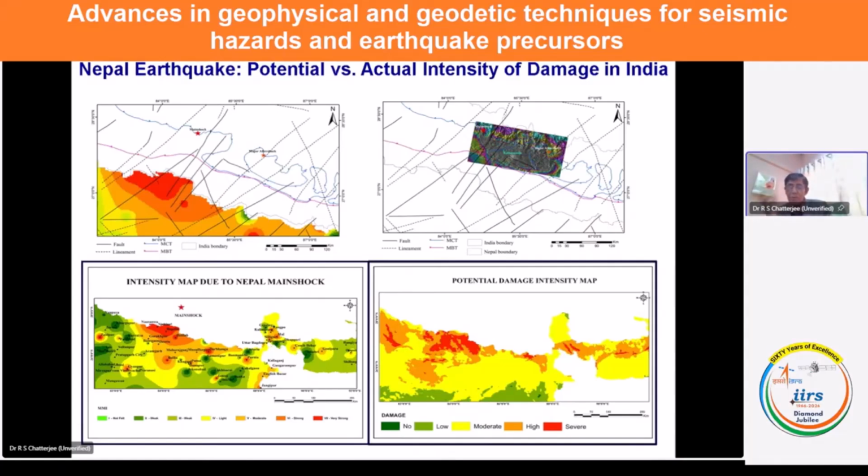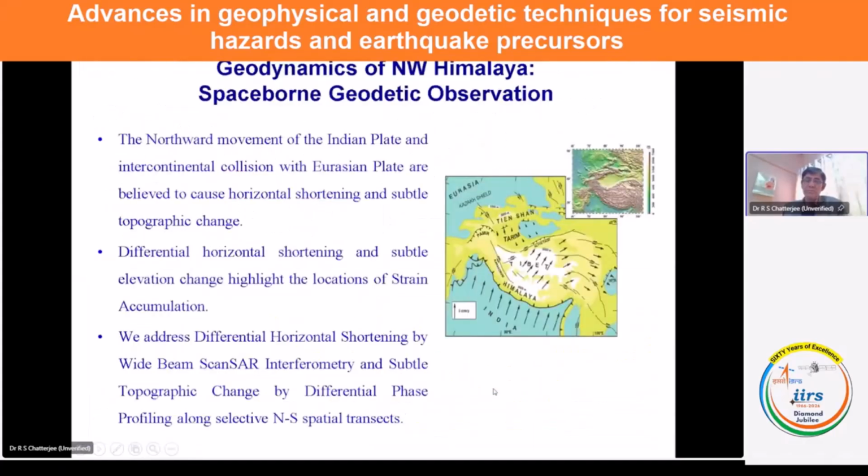There are a number of parameters, topography. All those things are very, very important to understand where the peak ground acceleration, how much it will be enhanced, and what is the extent of damage it can happen. Along with that, what is the area more prone to liquefaction hazard, or where liquefaction hazard risk is very, very less. Depending on that, you can integrate and you can prepare the potential damage or seismic microzonation map. And this is the actual intensity of damage that happened due to the Nepal earthquake.